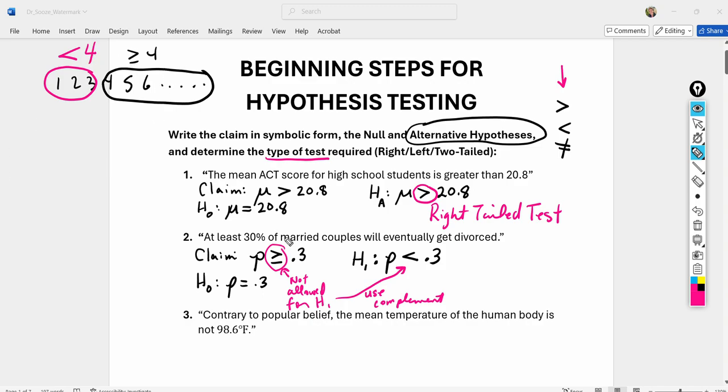So another way you can think of it is if you have a symbol with equality, you flip the arrow and get rid of the equality. But we can only use a symbol that's allowed. And the alternative hypothesis, you're only allowed these symbols. Now that I have the alternative hypothesis written, the symbol in the alternative hypothesis is the less than symbol, and so that means we will use a left-tailed test. So it's pointing to the left.